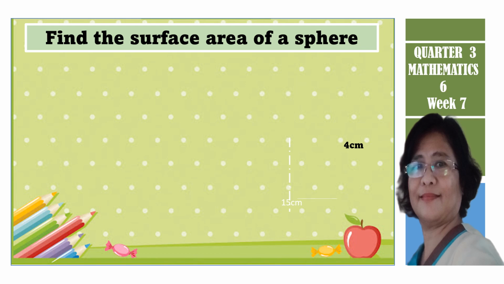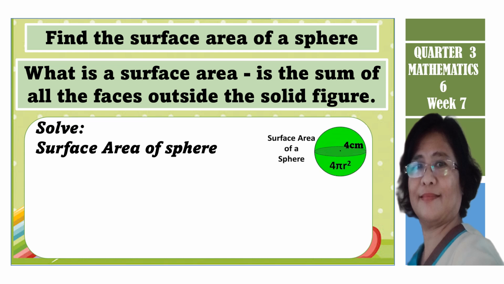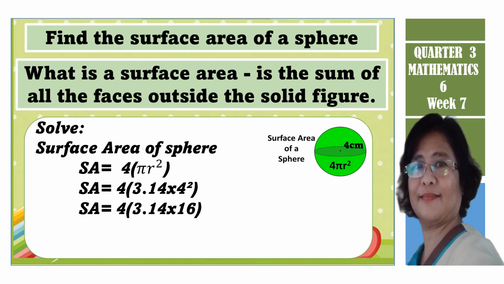Okay, let us now find out the surface area of the sphere. For our formula for the sphere, we have 4 pi r squared. So let us substitute the given number for the radius and the pi. The pi, we have 3.14 and our radius is 4 cm. So to solve this one, we're going to perform first the exponent. 4 to the second power is 16 times 3.14 times 4.